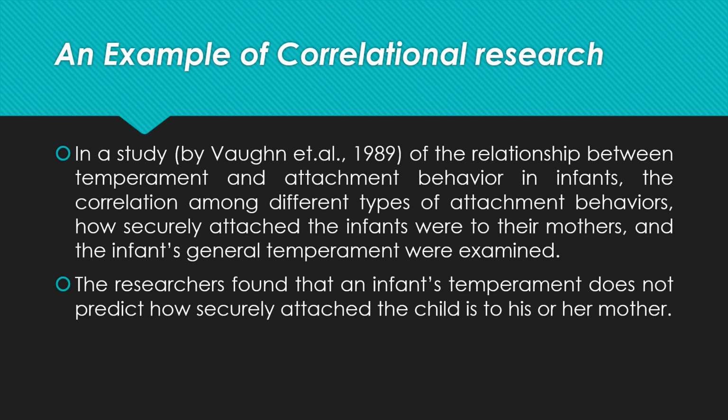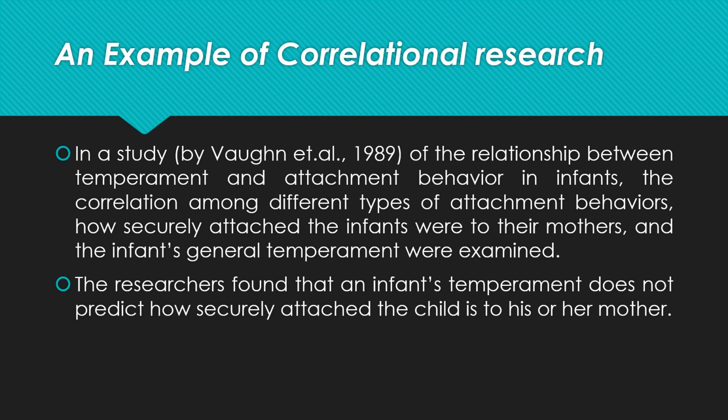An example of correlational research is a study by Vaughan, 1989. He examined the relationship between temperament and attachment behavior in infants.